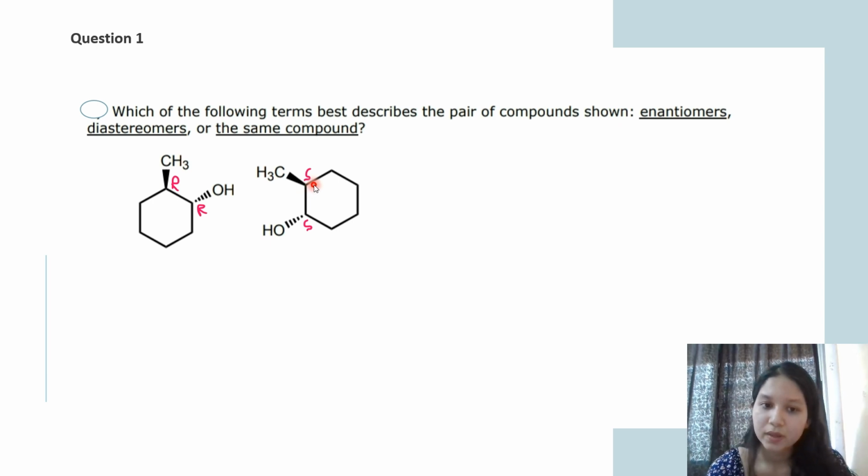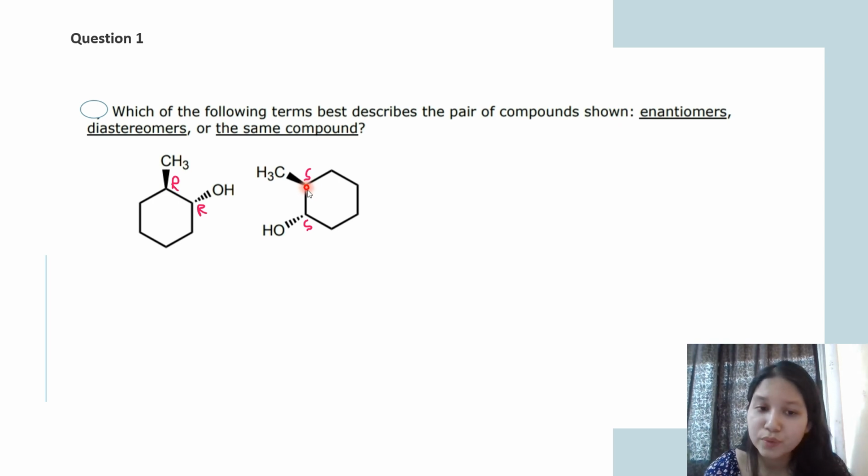So this group will be 1, in a similar way to what we did for the first molecule. This group will be 1, and then this alkyl chain will be of second priority. This methyl group will be of third priority and the hydrogen atom which is coming below the plane will be of fourth priority.